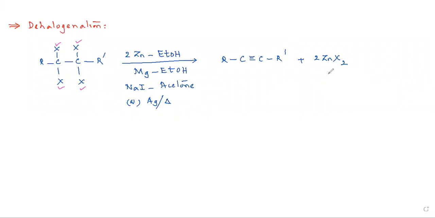You get ZnH2 if zinc dust ethanol is used. Otherwise, you get MgH2 or else sodium halide or else silver halide. These are going to be the byproducts depending on what the reagent is.